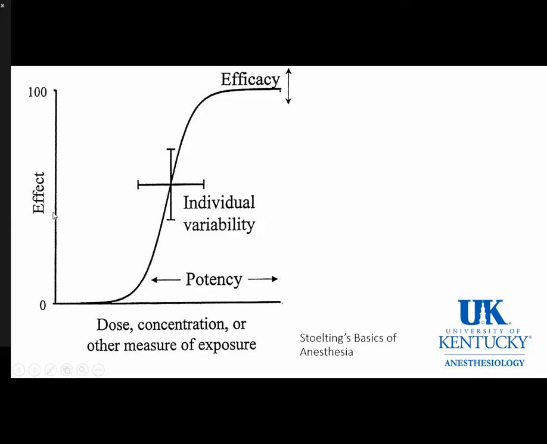Remember, the y-axis is typically efficacy. Arbitrarily, maximum effect is attributed as 1, as previously mentioned, with no effect 0. Potency or affinity is typically listed on the x-axis, and there's individual variability which alters the slope, listed here.